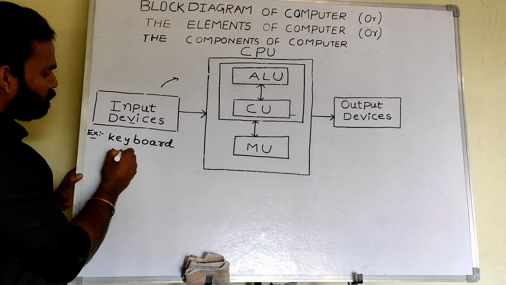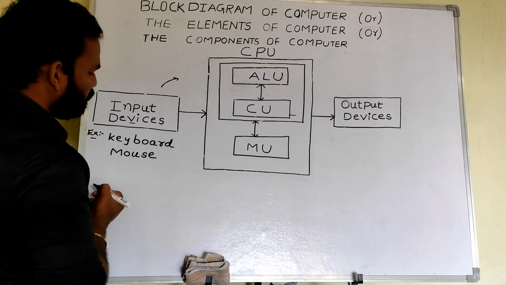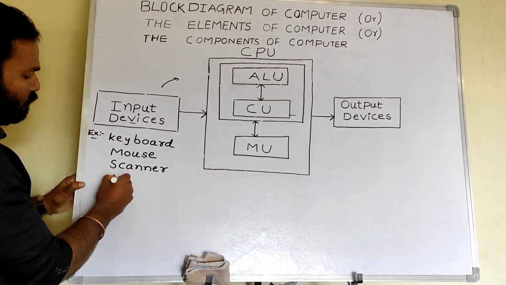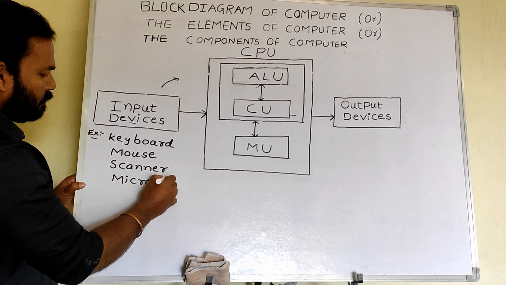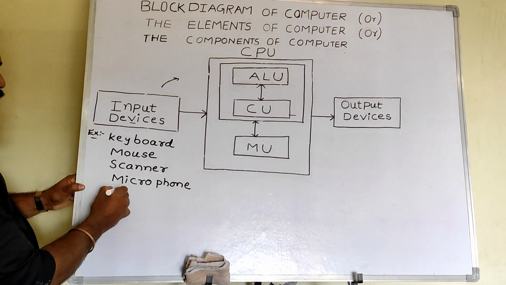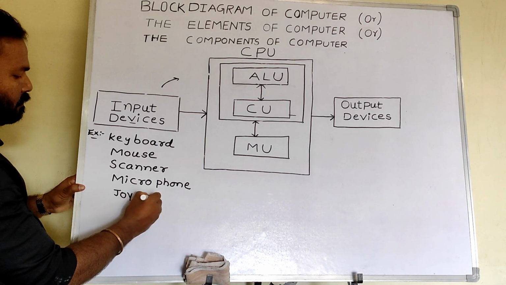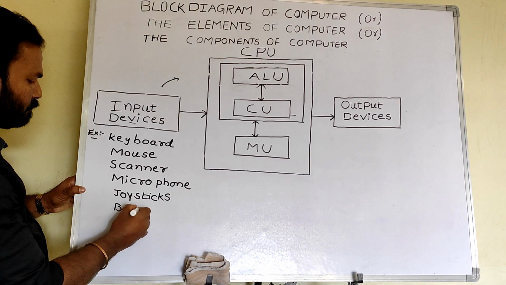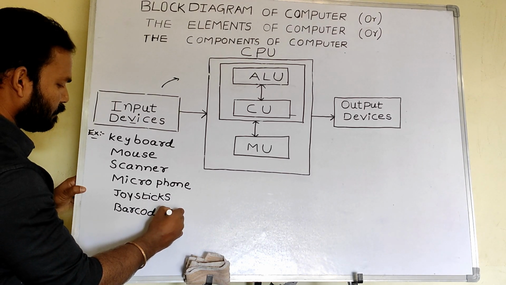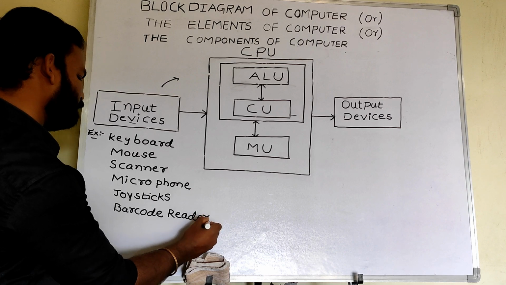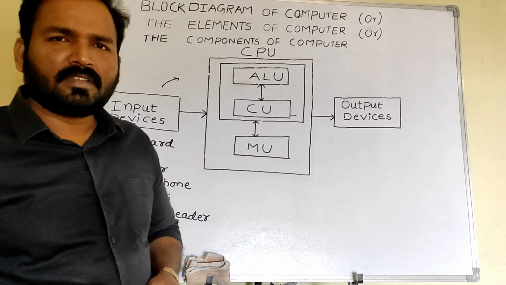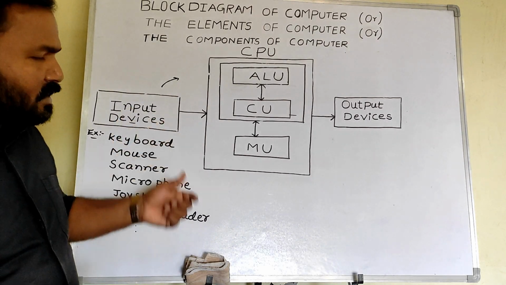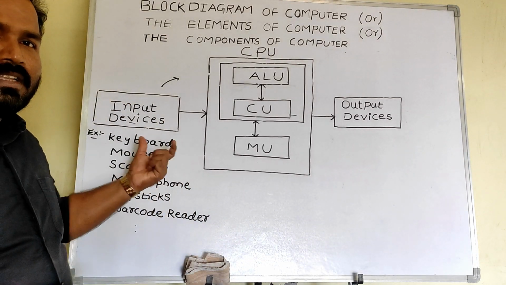Okay, keyboard, mouse, scanner, microphone, joysticks, barcode reader, light pen, touch screen, etc. Okay, all these devices come under input devices. All these are examples of input devices.